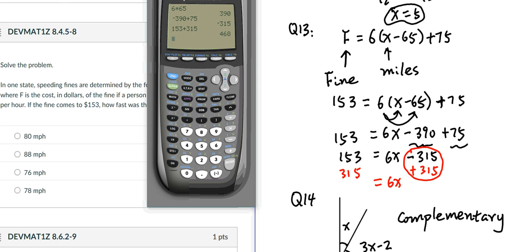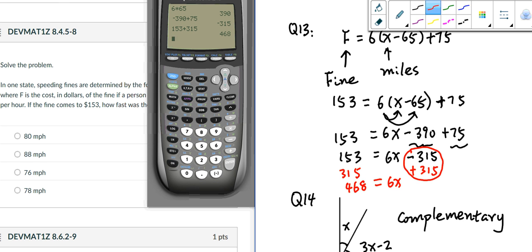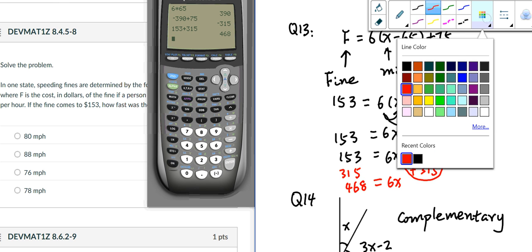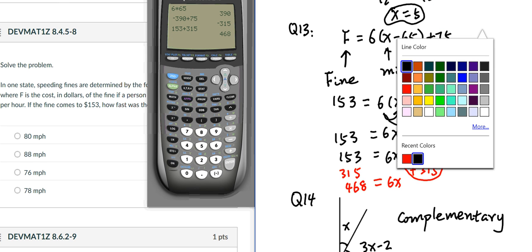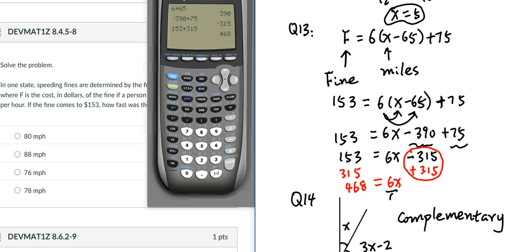You hit enter, you have 468. Now, what's the value for x? Divide by 6 on both sides. You then have x on the right-hand side alone. 6 divided by 6 is 1. And then 468 divided by 6 is 78.